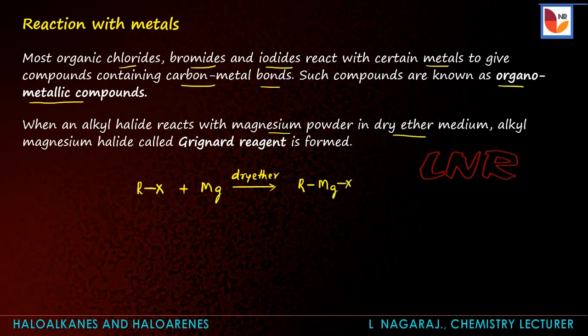So it is called alkyl magnesium halide, where X is nothing but halide, and it is called Grignard reagent.